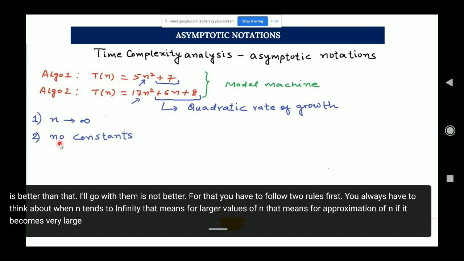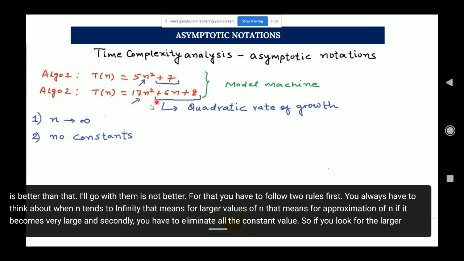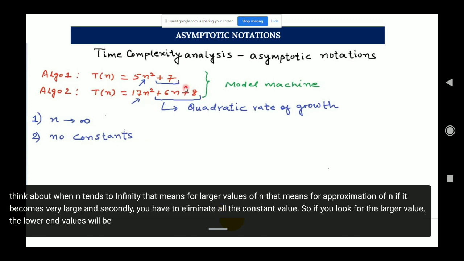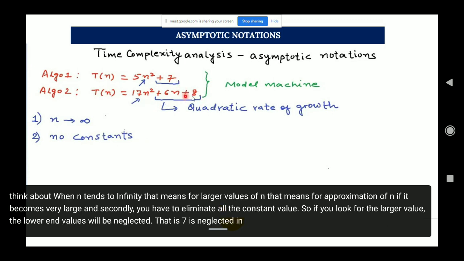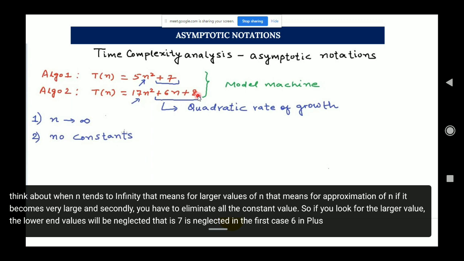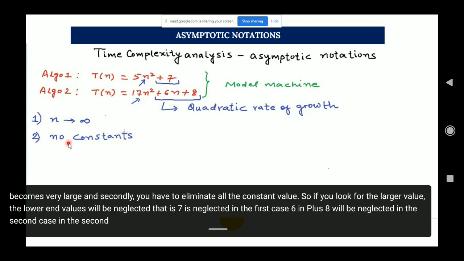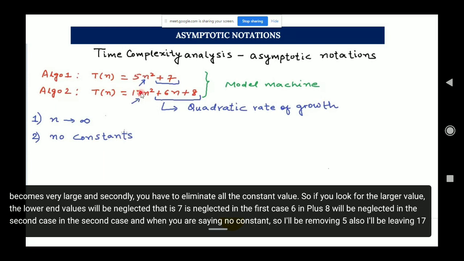And secondly, you have to eliminate all the constant values. So if you look for the larger value, the lower end values will be neglected. That is 7 is neglected in the first case, 6n plus 8 will be neglected in the second case. And when I say no constant, I'll be removing 5 also, I'll be removing 17 also, because these are constant multipliers.